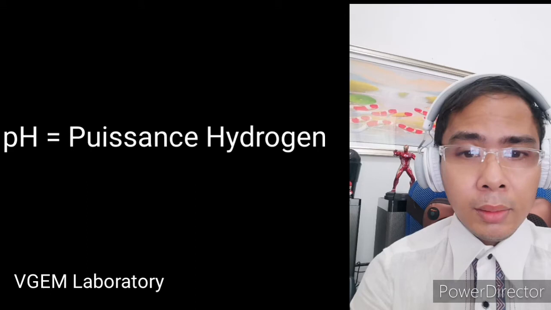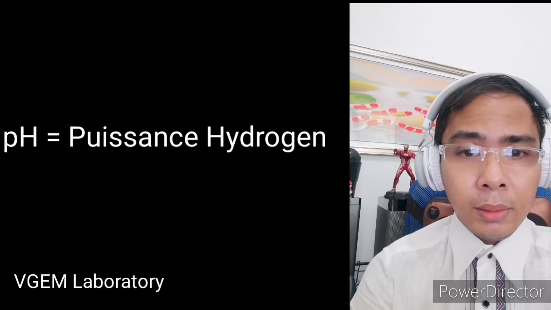So the pH, or the puissance of hydrogen concentration, is defined as the small letter p with a capital letter H, that is pH. It is the measurement used to express the hydrogen ion activity. It is mathematically defined as the negative logarithm of the hydrogen ion activity.